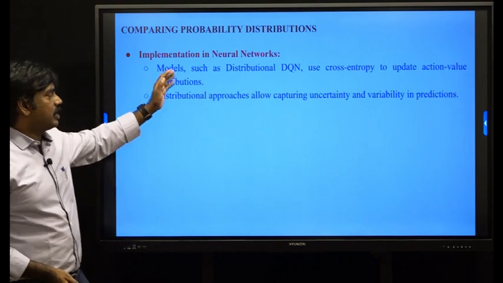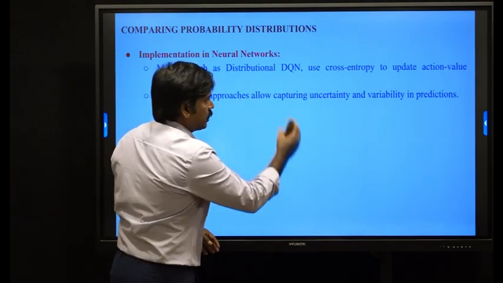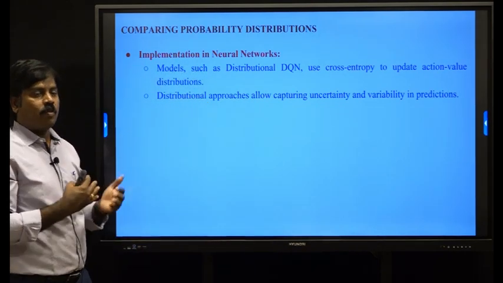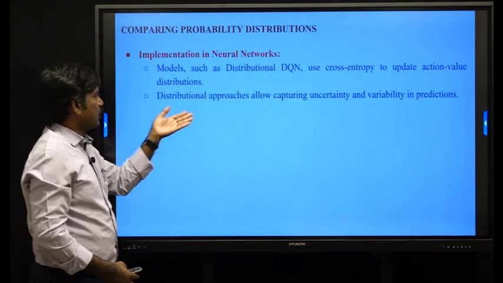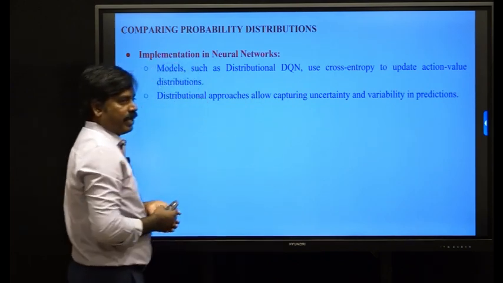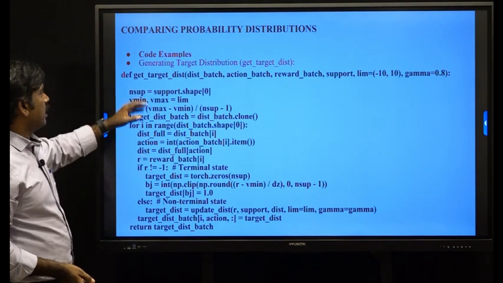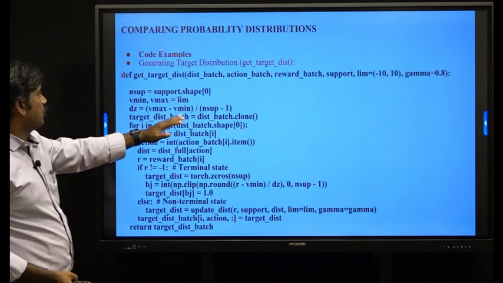In neural network implementations, models such as distributional DQN use cross entropy to update the action value distributions. We train the models based on the cross entropy loss value. Distributional approaches allow capturing the uncertainty and variability in predictions. This is the code to generate the comparison between probability distributions.